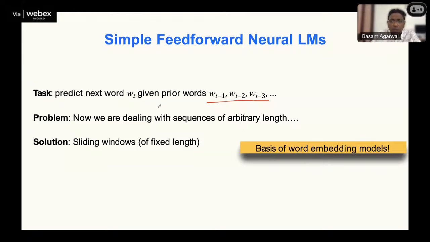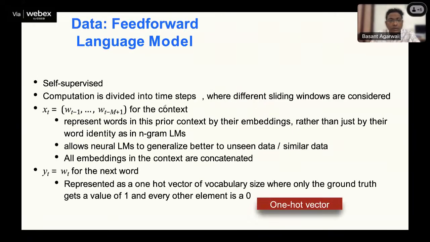We have a sliding window which takes the context of the words, and the words, now represented as embeddings, we feed to the network and try to predict the next word. This is language modeling, and as we have already seen, it is a self-supervised method. x_i captures all the context words based on the window size we have decided, and y_t is the word we want to predict.